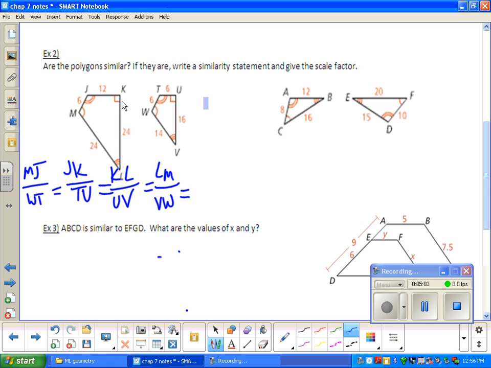I have 4 sides, so I should have 4 fractions. So that's the first part of it.